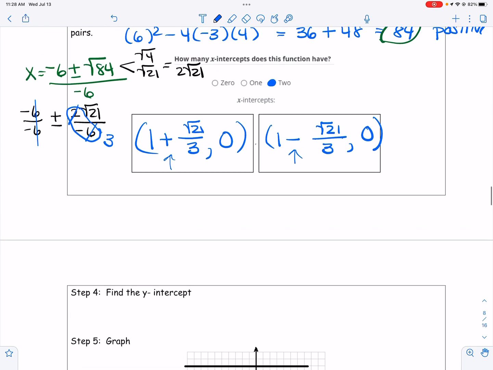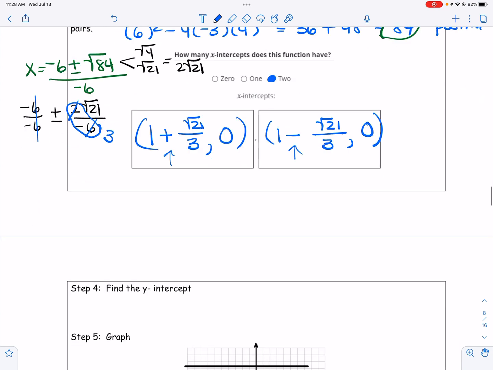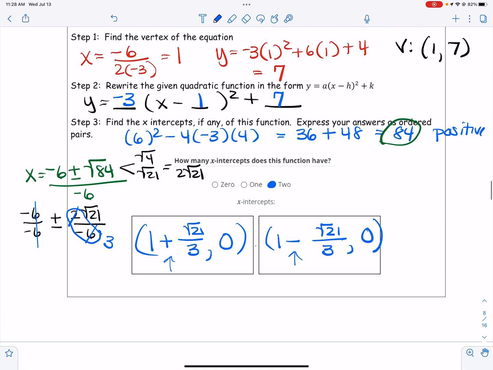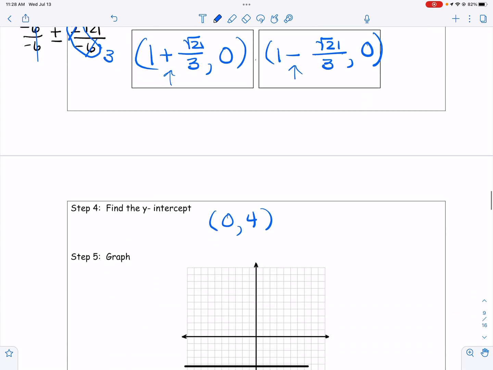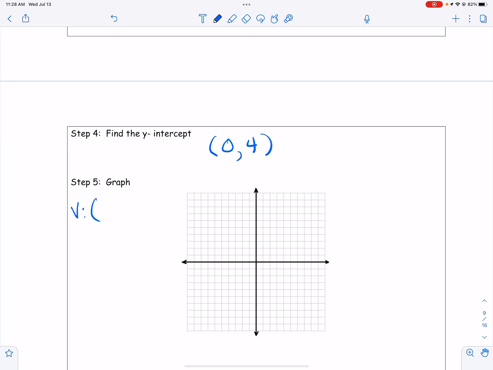Okay, now finding the y-intercept. Remember, the y-intercept in the original equation is always your constant. So your y-intercept is going to be (0, 4). So let's go back. Let me remember what the vertex is. (1, 7). Okay, so vertex was the point (1, 7).